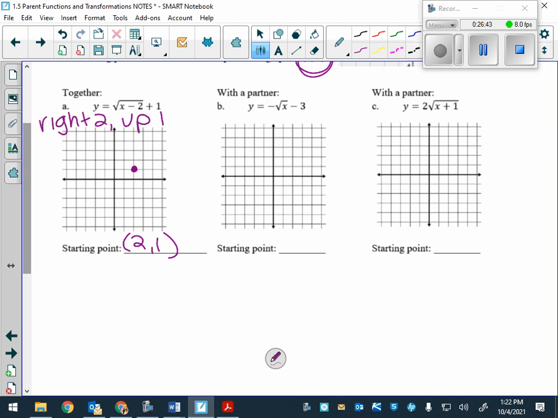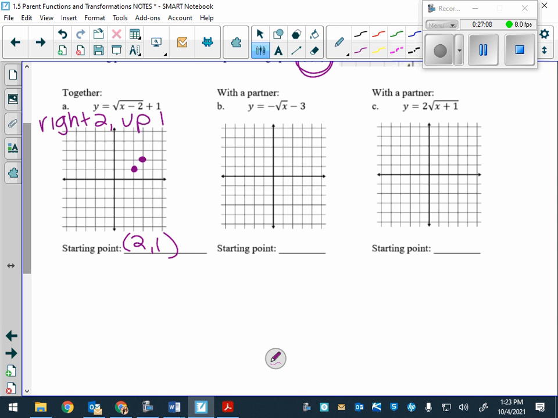3. So if I plug in 3, right? 3 minus 2 is what? 1. What's the square root of 1? 1 plus 1? 2. That's my next point. Now, what would be another x value? Yeah, Dina. If I did 4, okay?